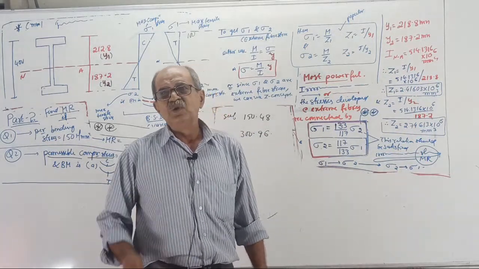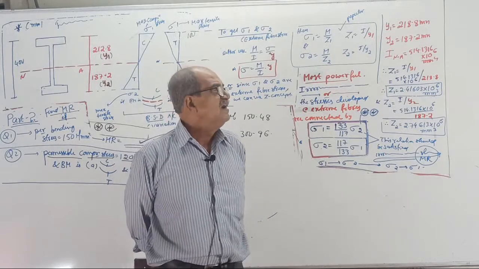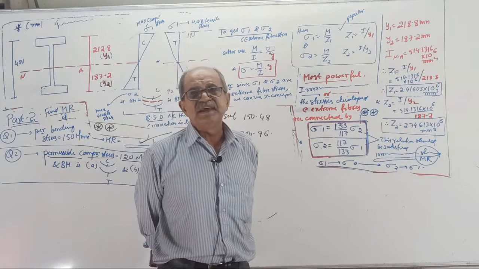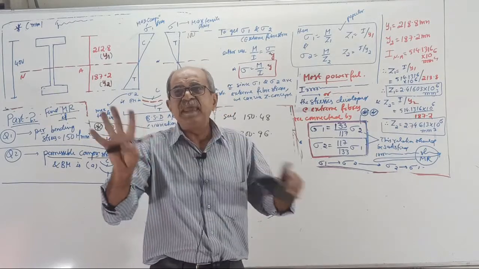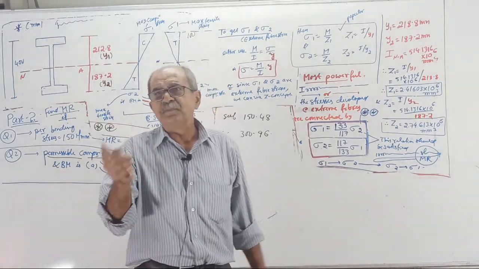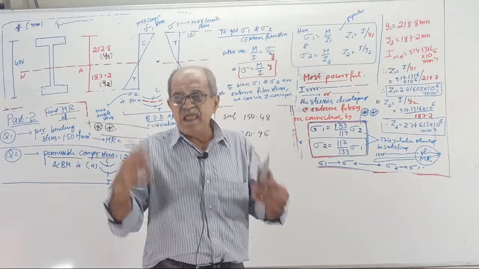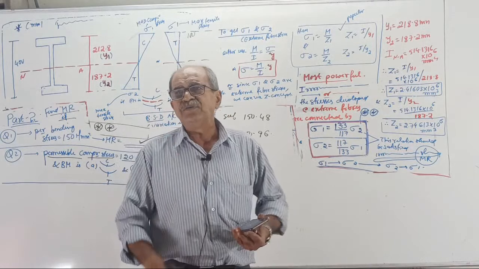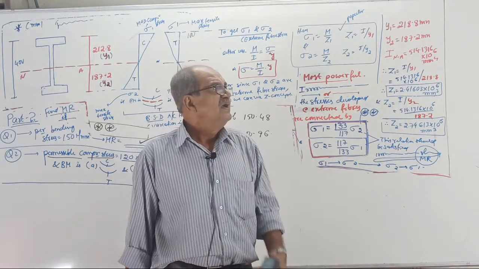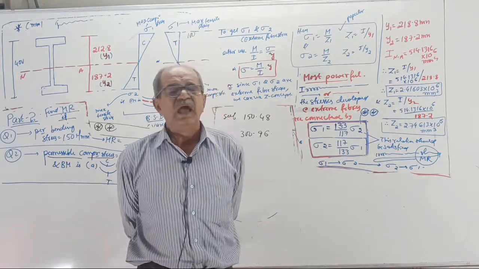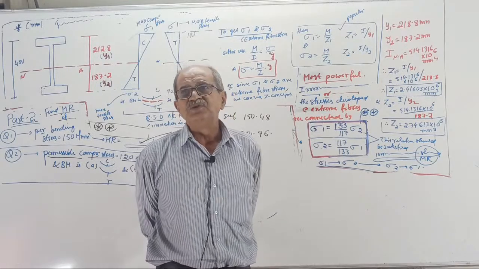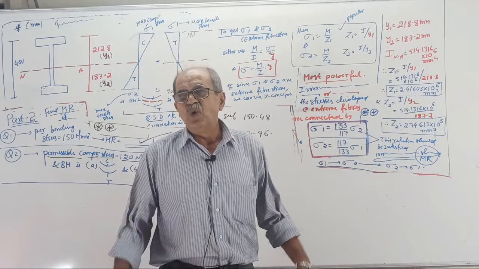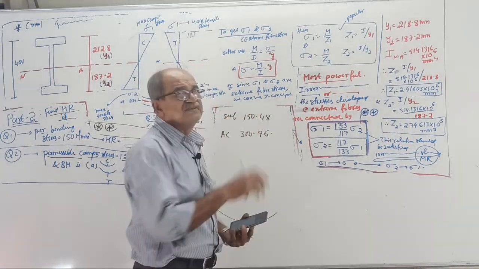You know how much teaching experience I have got. It never came in my class in the working stress method, a balanced section. It never came, when the properties are given. I tried to set it once, I could not, because the area of steel has pi. Even if pi is not coming, if I give the area of steel, when you solve the quadratic equation, a fraction will come. So it is only the rarest of rare cases.